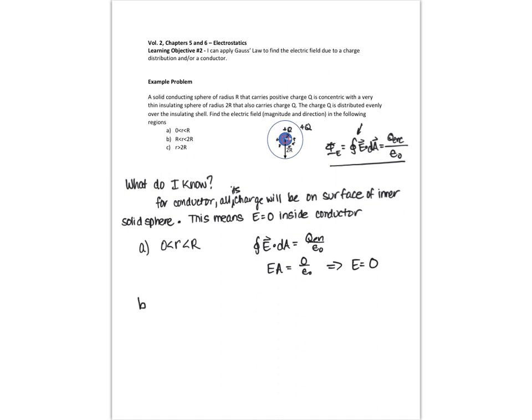Now let's do a little bit further out. Let's do between the conducting sphere and the insulating sphere. And let's use a different color. This is my Gaussian surface, the green circle now. That represents a sphere. So again, I start with Gauss's law.